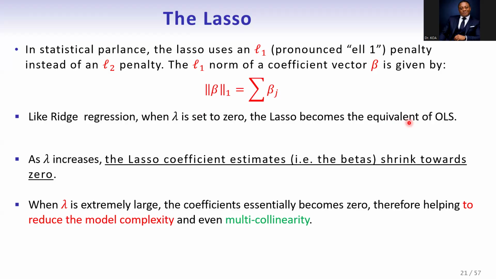Now, please note, when the lambda or the tuning parameter is large, ridge regression will not become 0. It will be closer to 0. Even when it is extremely large, ridge will still never become 0. It will be close to 0. But lasso will become 0. Take note: lasso forces the coefficient to 0 when the lambda, the tuning parameter, is large.